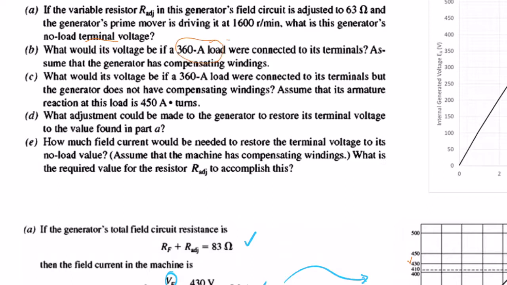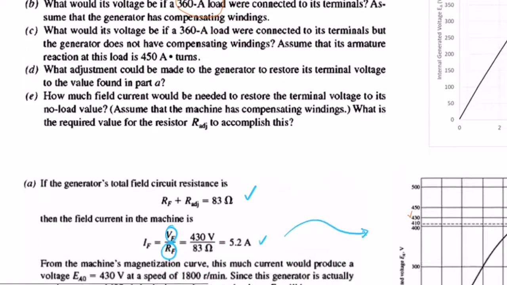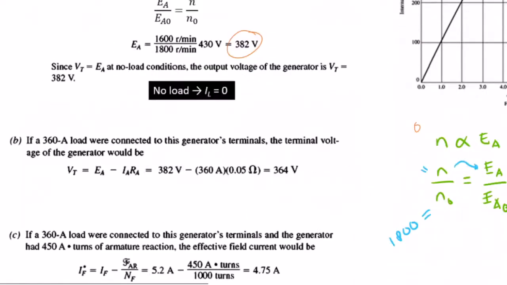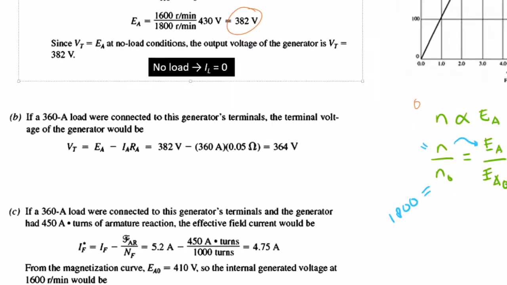This is IL, the line current, which is 360 amps, and therefore IA, which is equal to IL, will be equal to 360 amp as well.